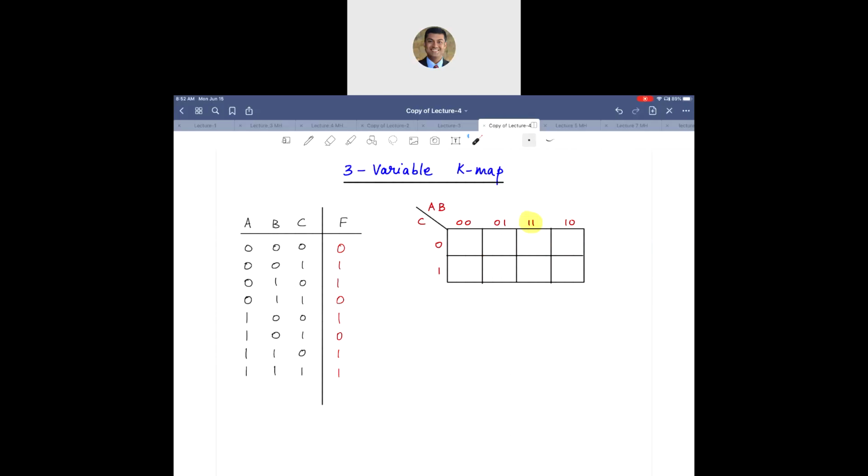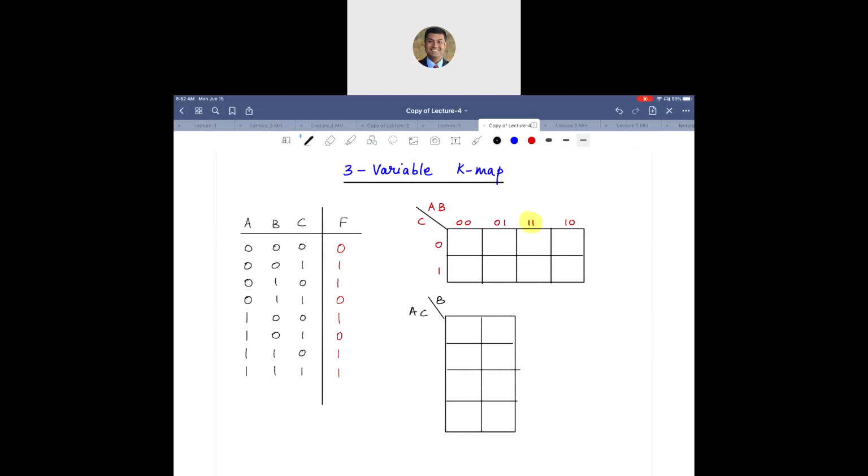Now, a couple of things I want you to note here. Could I have drawn the K-map this way? And done this B, A, C? Yeah, sure, I can do that.